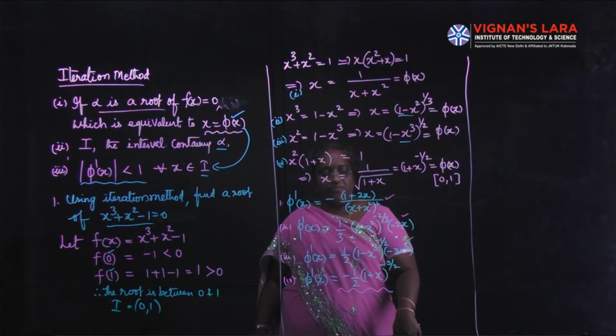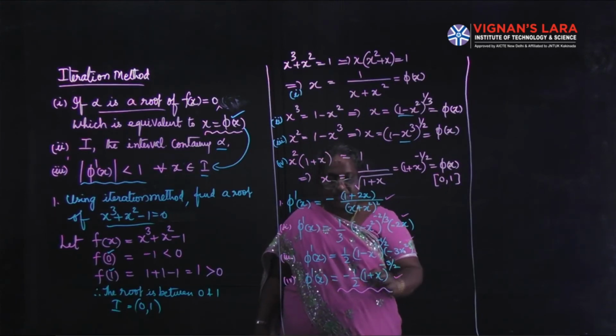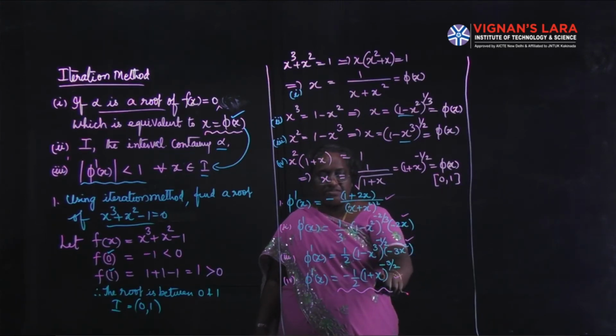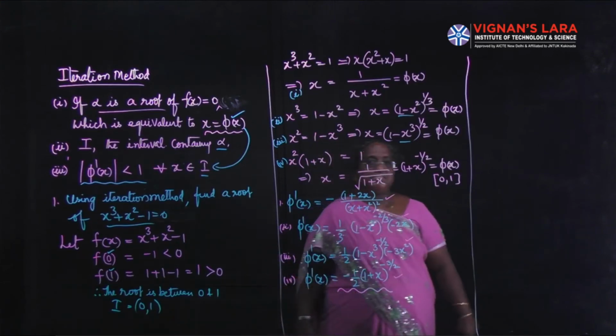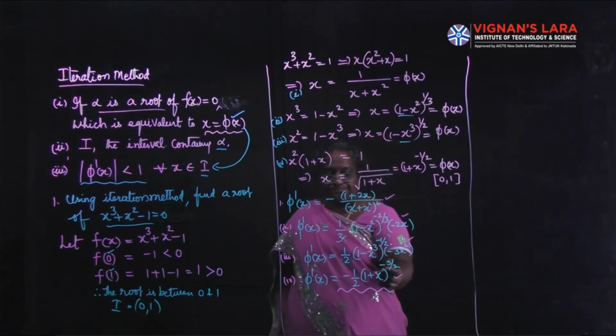When x is 0, it is 1 by 2 to the power minus 3 by 2, so it is 0.5. When x is equal to 1, it is 2 by 2, so it is minus 1. So it is less than or equal to 1.